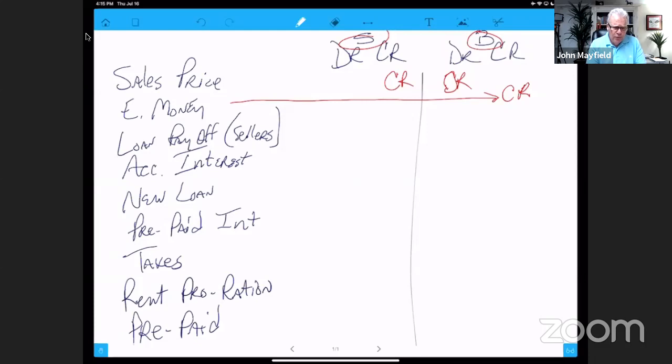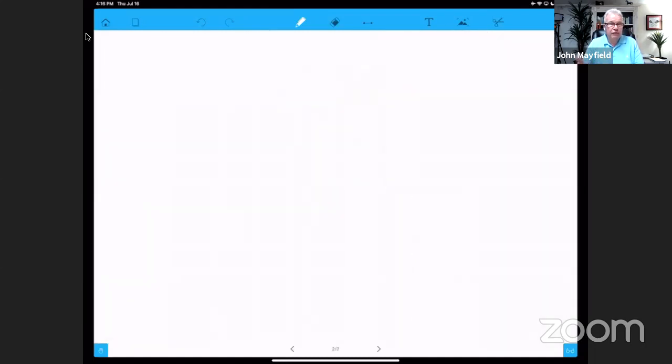Now, we have the loan payoff, and that's to the sellers, right? So the seller has a loan, that's going to be a debit, as well as accrued interest will be a debit to the seller. Now, I just want to make sure everybody understands how interest works.